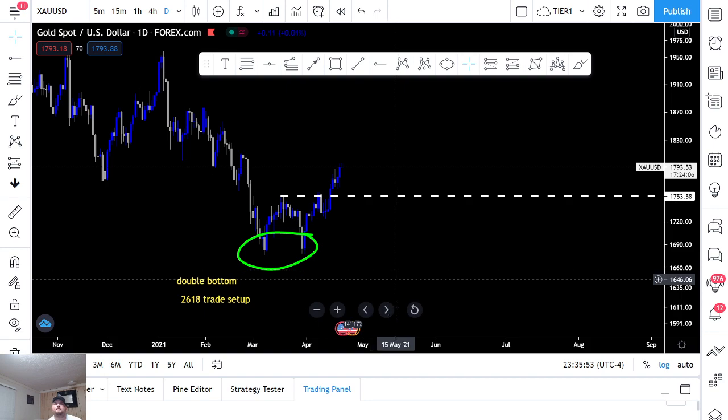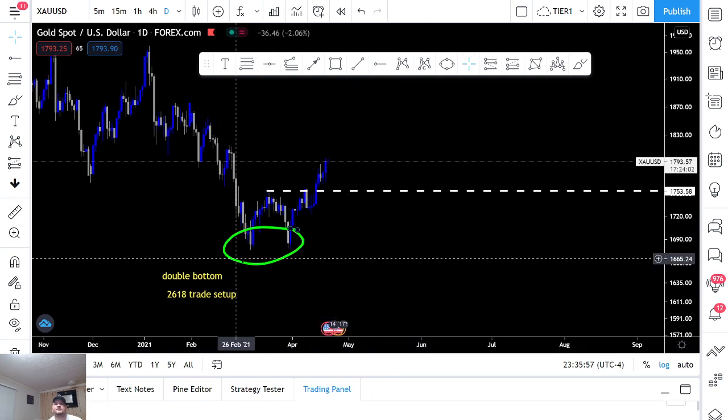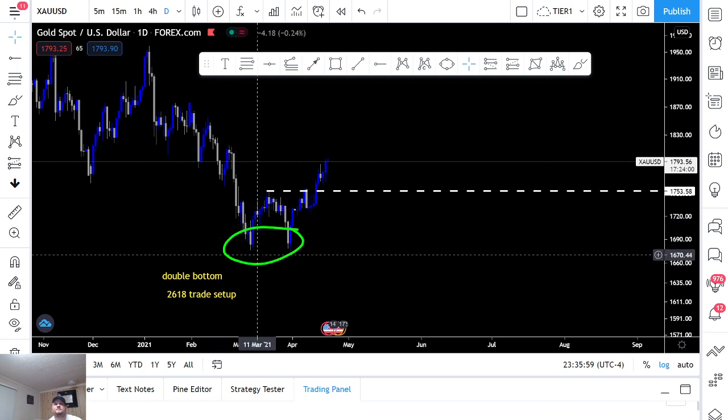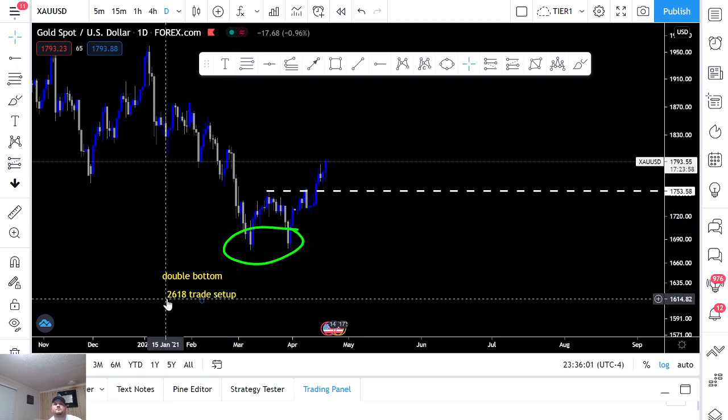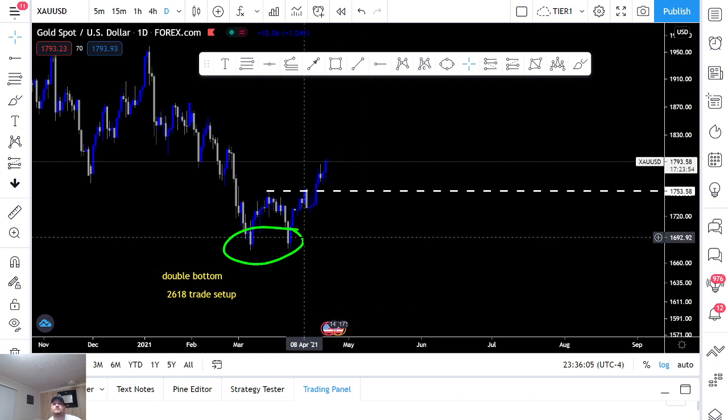This right here. So with this, we have a double bottom, hence the 2. Right?